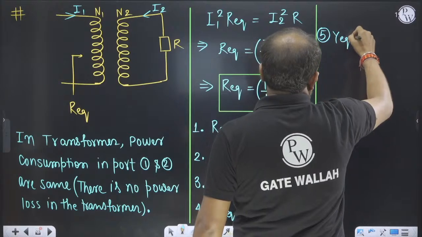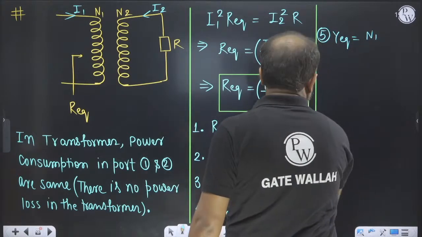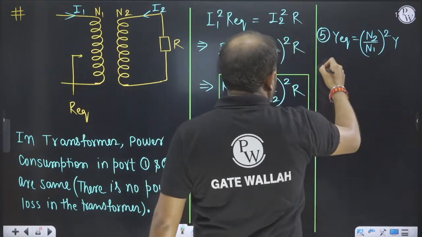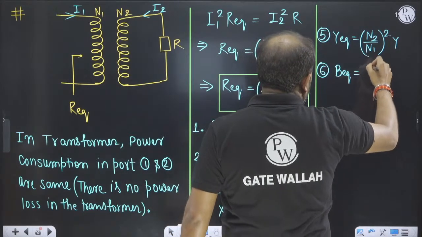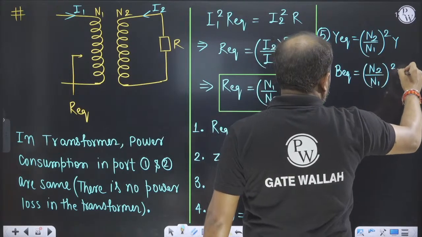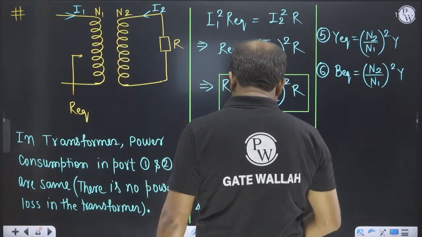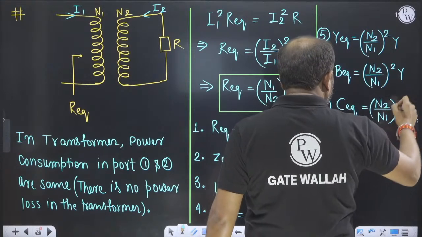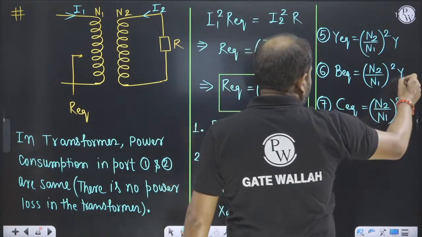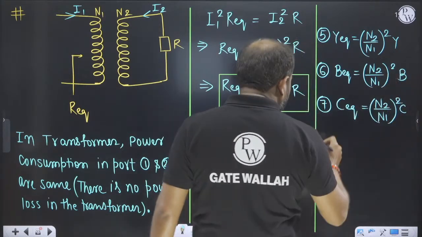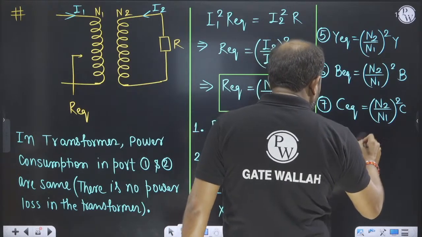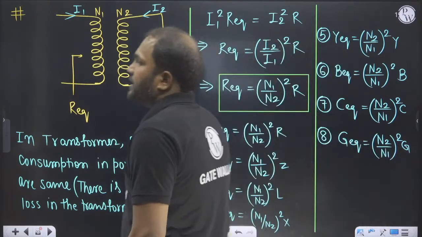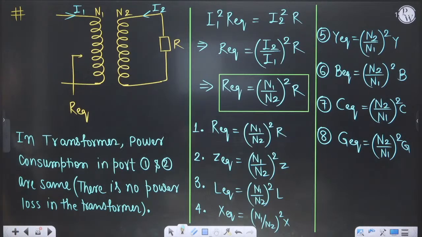So Y equivalent will be equal to N2 by N1 whole square into Y. If susceptance is given, so N2 by N1 whole square into Y. If capacitance is given, so N2 by N1 whole square into C. And if conductance is given, so N2 by N1 whole square into G. So we can go through this point and we should remember all three points.